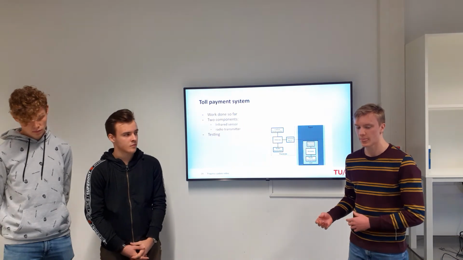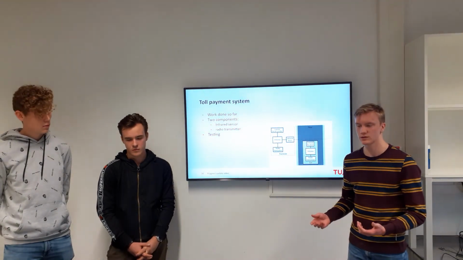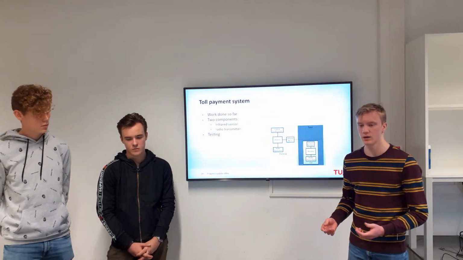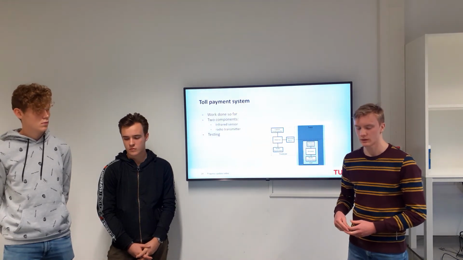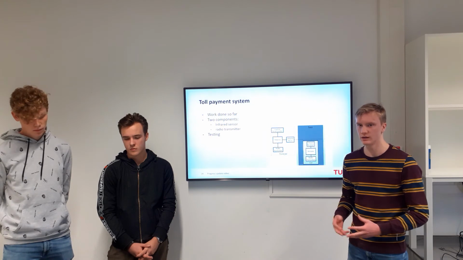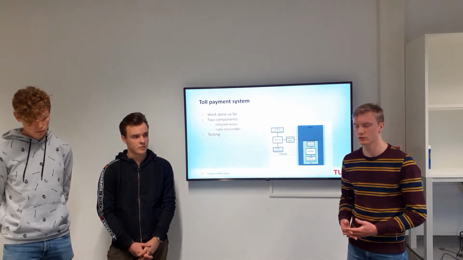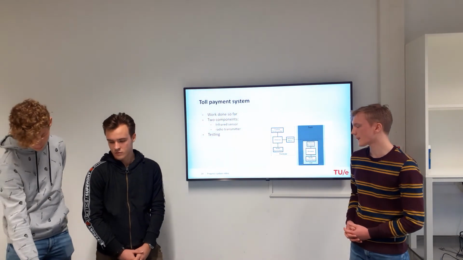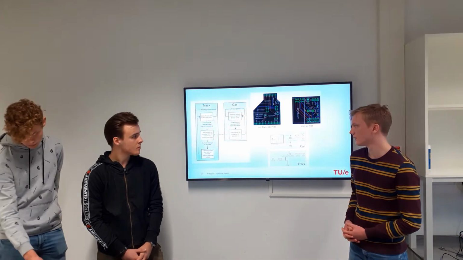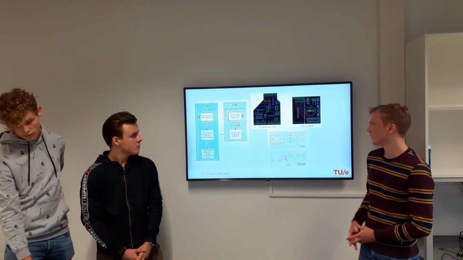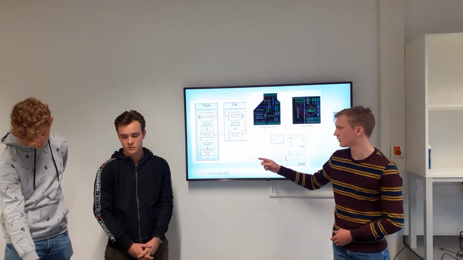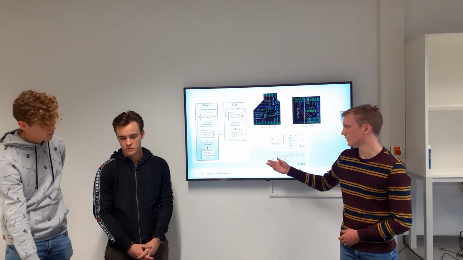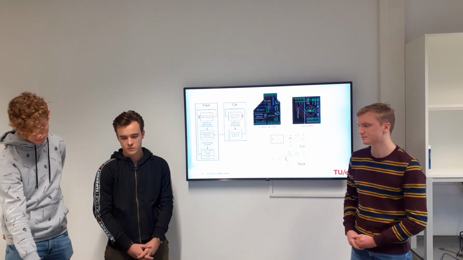It will send this to the GUI, which is basically a system which can show the data in a coherent way. And here we also see the circuits and a small schematic of the track side and the car side.